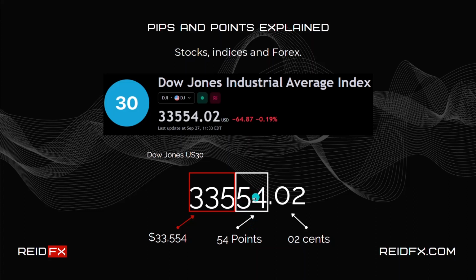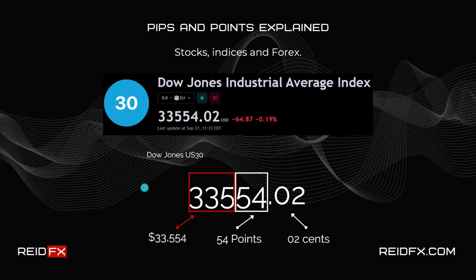The points are whole dollars. So this $54 is 54 points. And the last digit before the decimal are single points. So if this goes to 55, it's gone up 1 point. Now the cents are a bit like the fractal pips in Forex. They're just entirely irrelevant. In fact, with my broker, you can't even trade these. So the only thing we're interested in is the dollars.